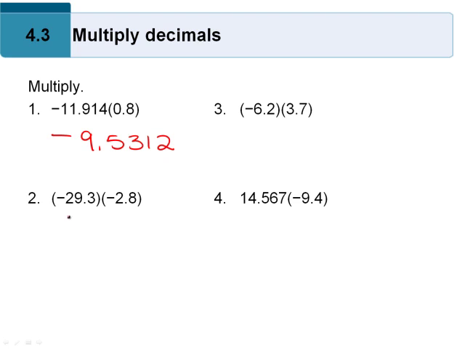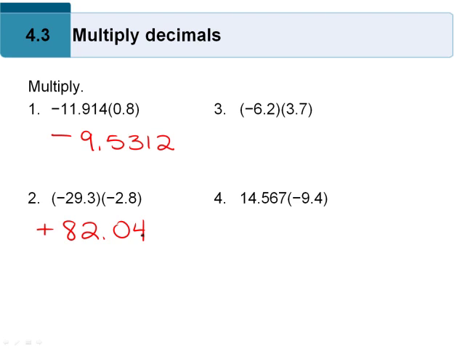Look at number 2. A negative times a negative is going to be a positive. In your calculator you're not trying to put in any signs, you are just putting in 29.3 times 2.8. And you should get a positive 82.04.